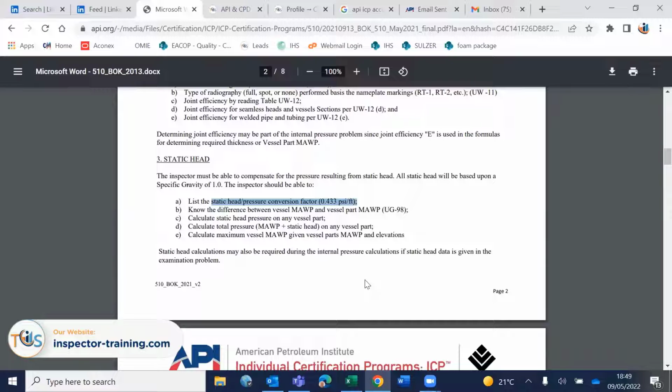It's just that for every 2.31 feet of water, you get 1 psi increase because of the weight of the liquid or the fluid, right? So if you've got a vessel which is 10 feet high, you already have a 4 psi difference between the gauge at the top and the gauge at the bottom.